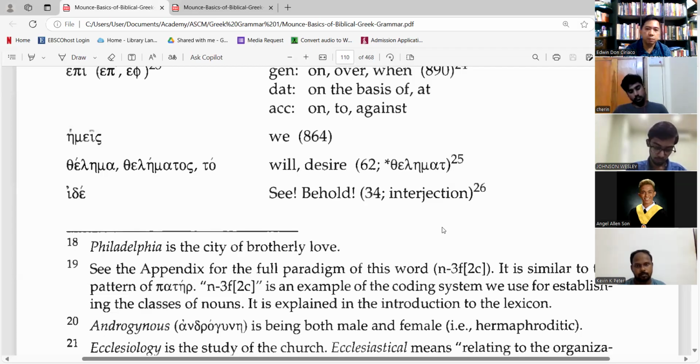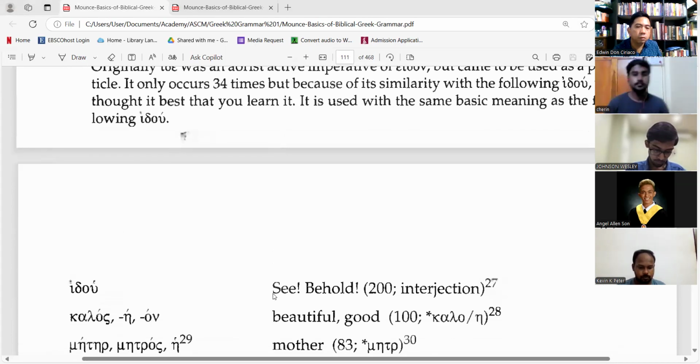Humeis, the second person nominative. And then thelema, we will remember this. This is also a vocabulary used in the Lord's Prayer. Thelema, will or desire. And then ide, see or behold, from also the word idou.